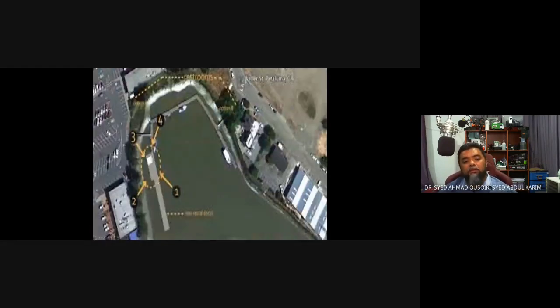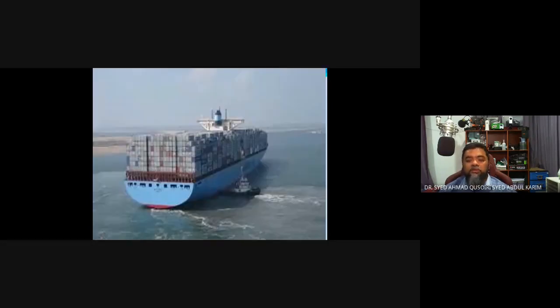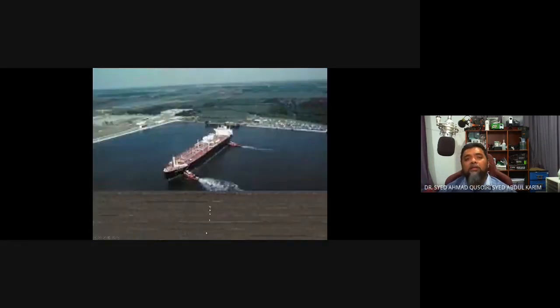Okay, so this is where the ship can make its turn. Usually, this process would involve the assistance of tugboats, because obviously the ship cannot turn on its own power, especially in this very limited or confined space.